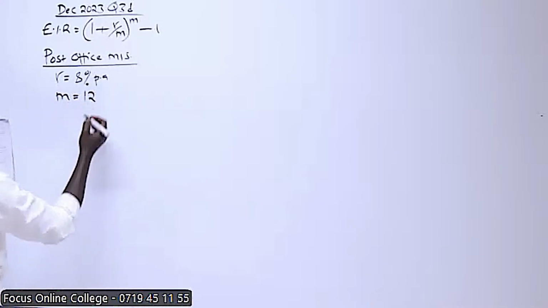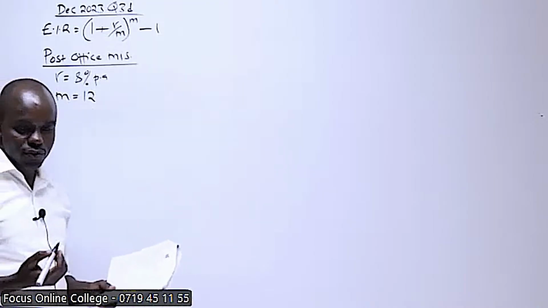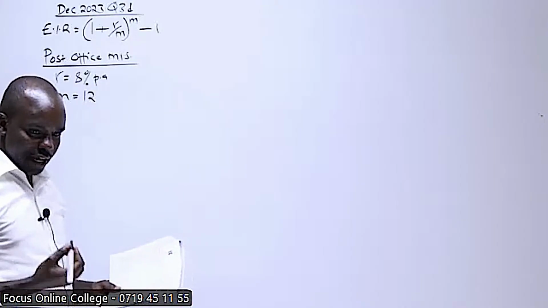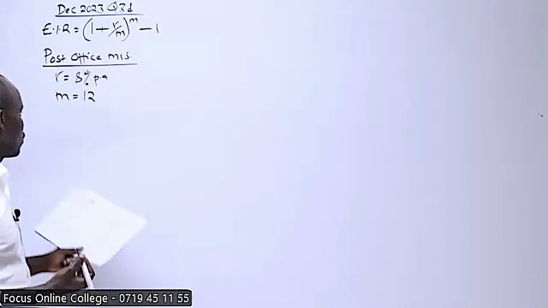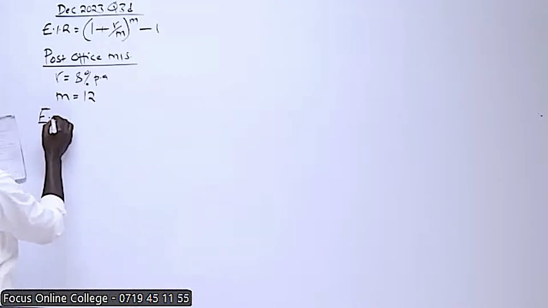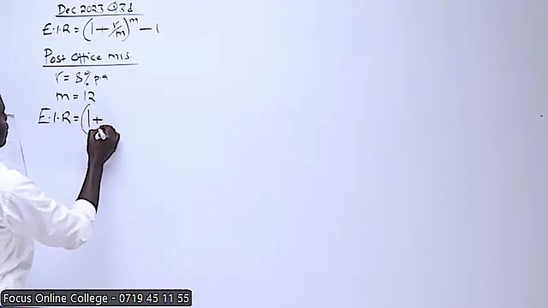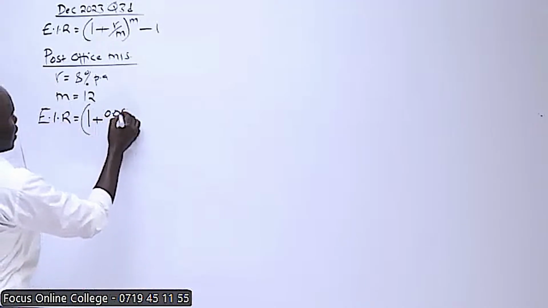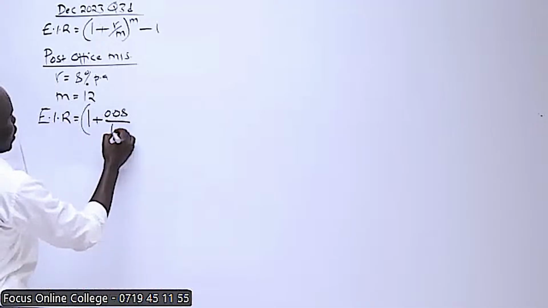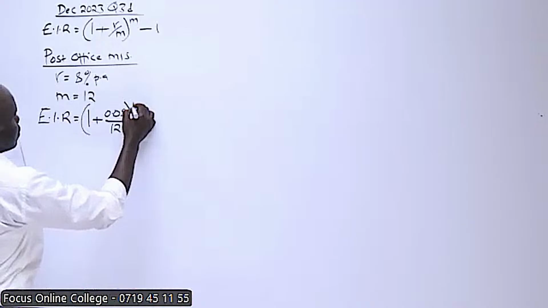So the effective interest rate is equal to (1 plus 0.08 over 12) power 12, minus 1.